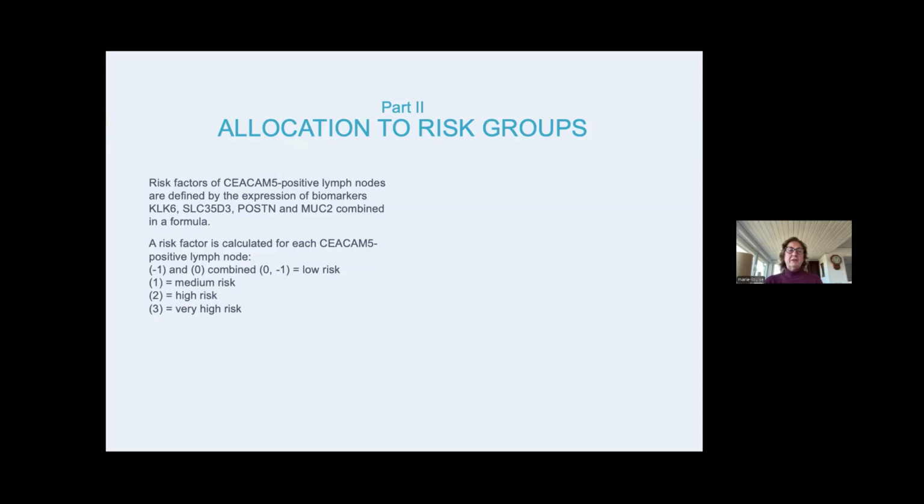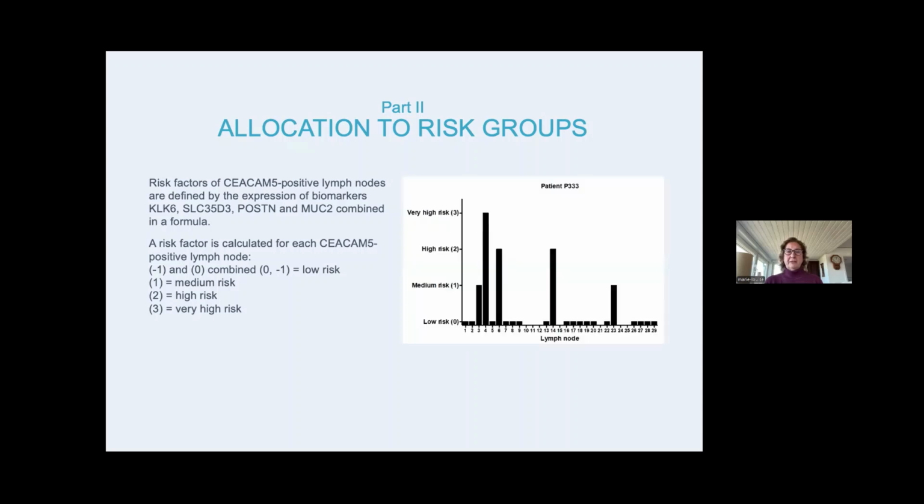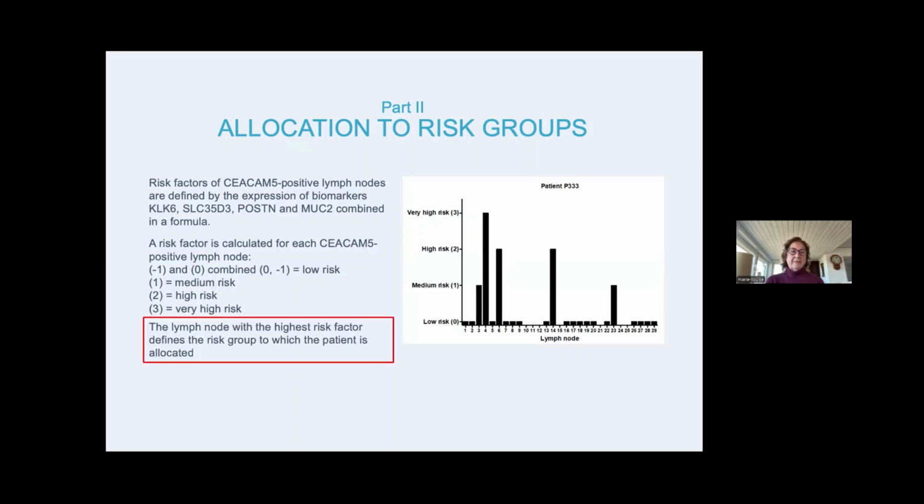And the result from the formula can be either -1 and 0, together grouped as low risk, 1, which is medium risk, 2, which is high risk, or 3, which is very high risk. And here you see an example for one patient where 29 lymph nodes were investigated with different risk factors.